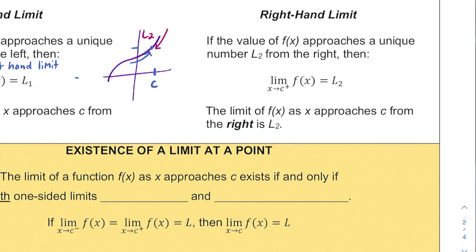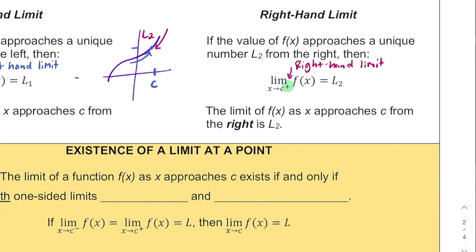This is what it looks like for a right-handed limit, and instead of a minus, we have a plus, which means this is a right-handed limit. We go to the right of the c value we're looking at, we approach, and then we give the answer of the y value we're going towards. So the limit of f of x as x approaches c from the right is L2.